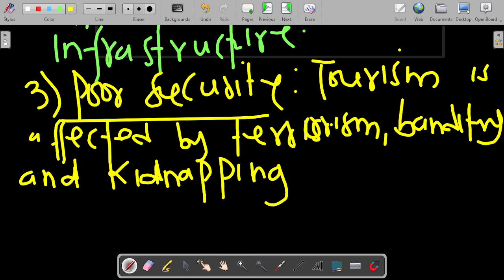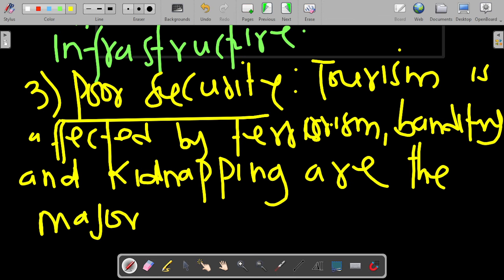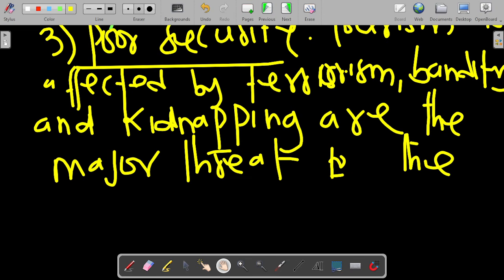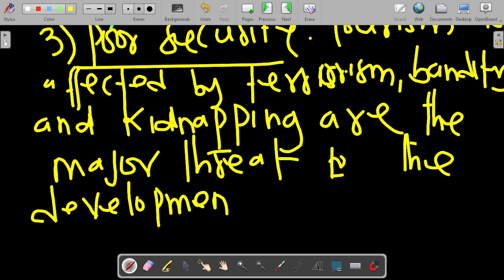Kidnapping are the major threats to the development of tourism.